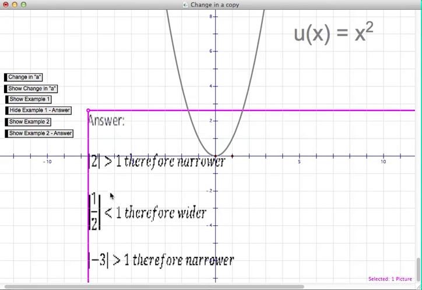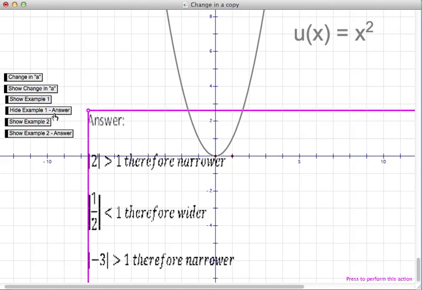That means that no matter what is inside those brackets is positive. So think of this negative 3 as a positive 3, just for talking about how wide or narrow it is. The 2 is a little bit less narrow, but it's still very narrow. And 1/2 is going to be wider than the other two.